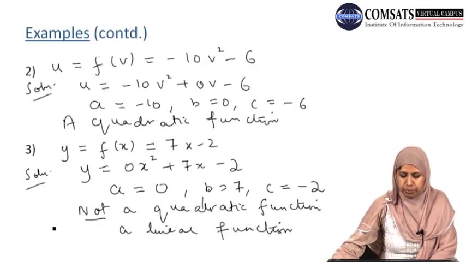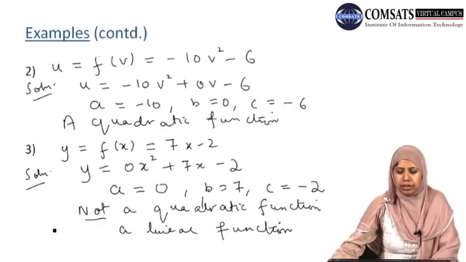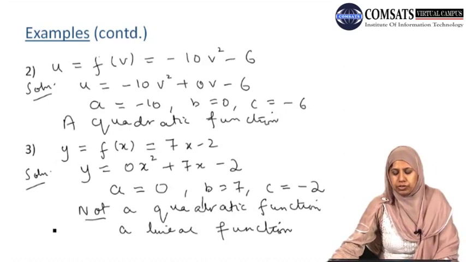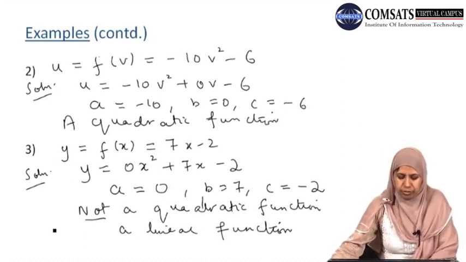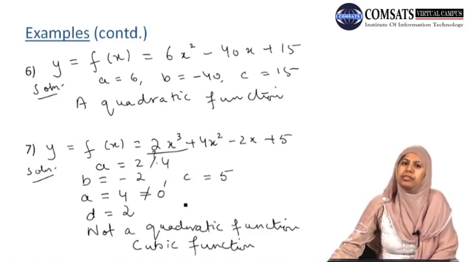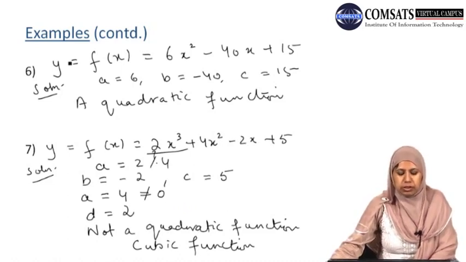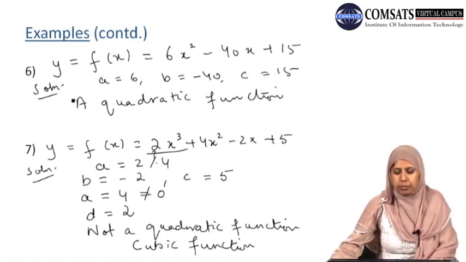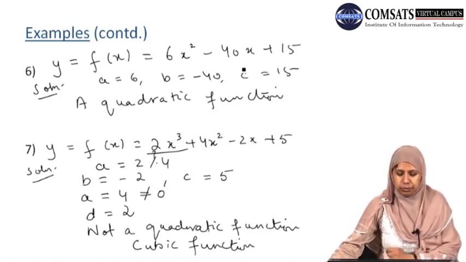For example, in our second example, the constant b is equal to 0 and c is different from 0, or the constant c can be equal to 0, which is our example 5, where c is equal to 0 and b is different from 0, or both can be different from 0, which is our example 6. Here both the constants b and c are different from 0.